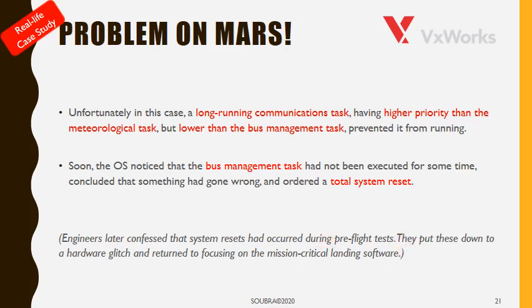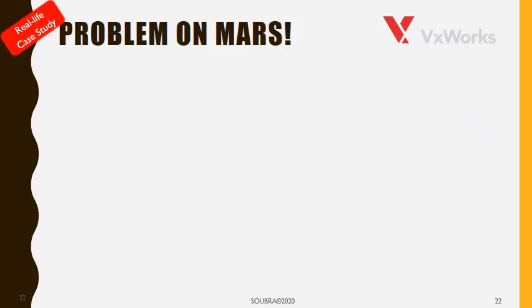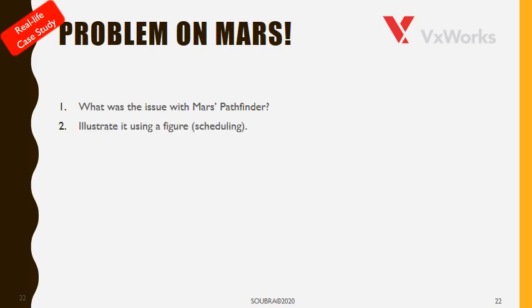Anyway, so now that you know the description, what I'm attempting to do is to find out what the issue is. And you can have fun at home, try to illustrate the execution of the different tasks using a schematic diagram with the three tasks and find out what happens.